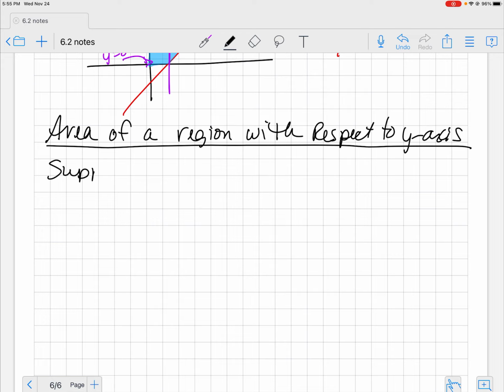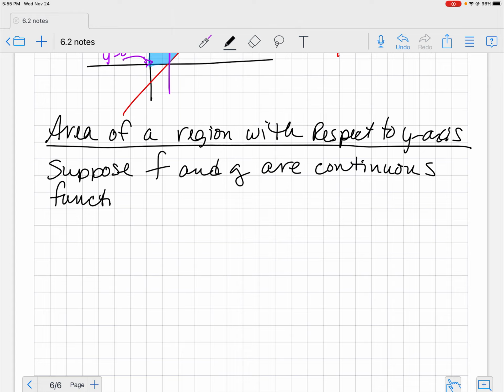So check this out. Suppose that f and g are continuous functions, with, surprise, surprise, f of y, right?